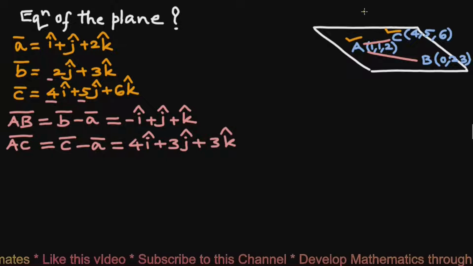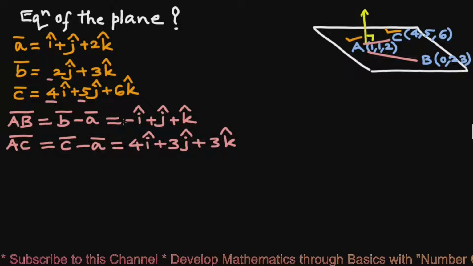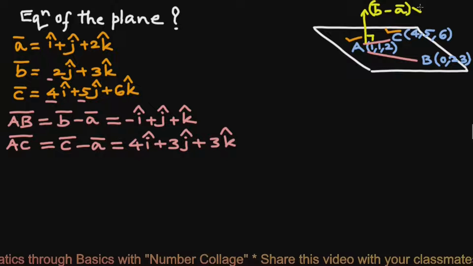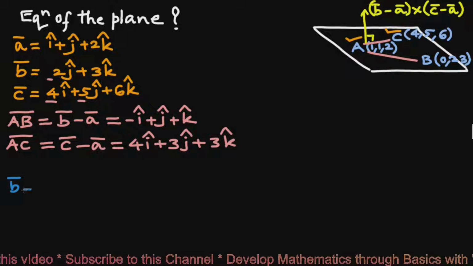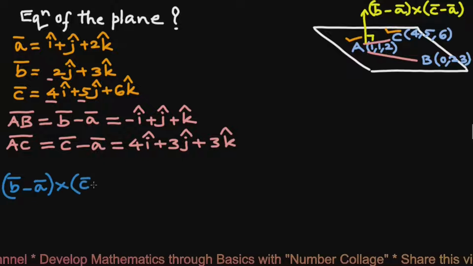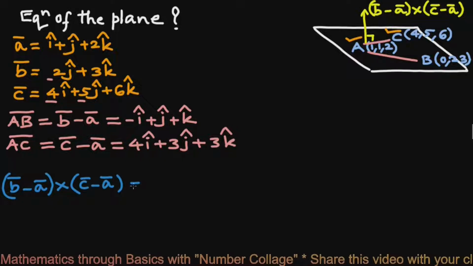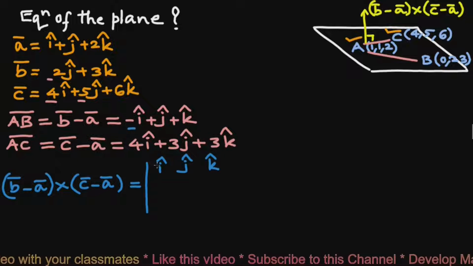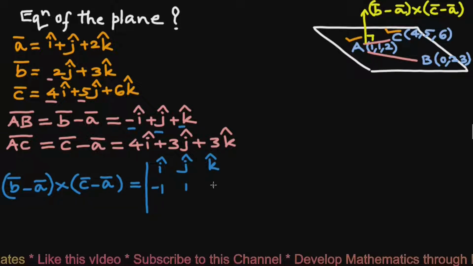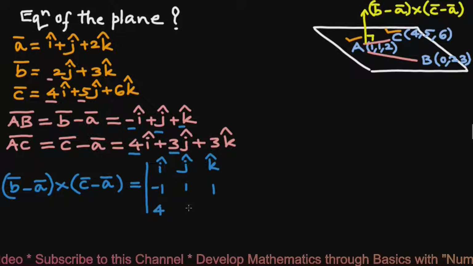Now the vector normal to this plane will be (B bar minus A bar) cross (C bar minus A bar). So let's find out (B bar minus A bar) cross (C bar minus A bar). That will be a determinant i, j, k, then minus 1, 1, 1, then 4, 3 and 3.